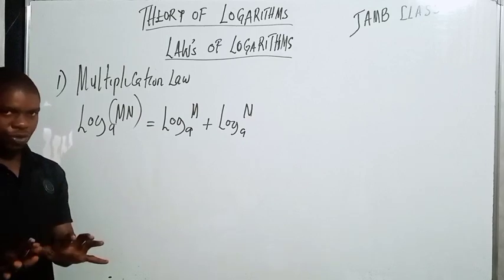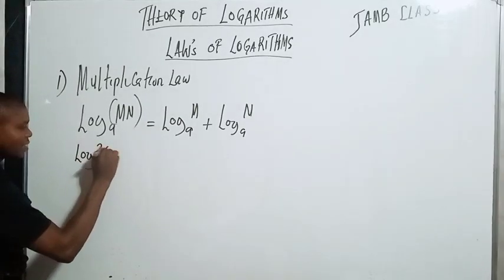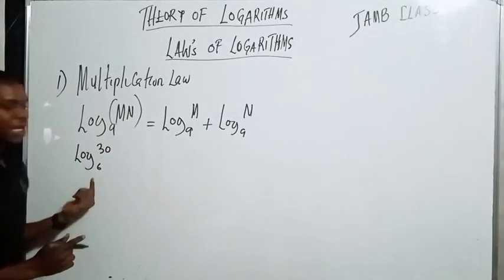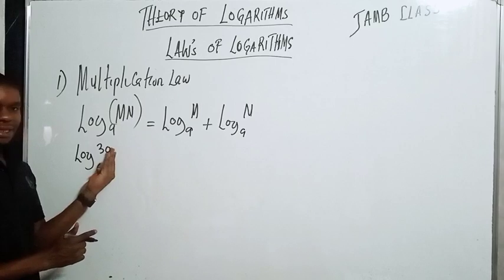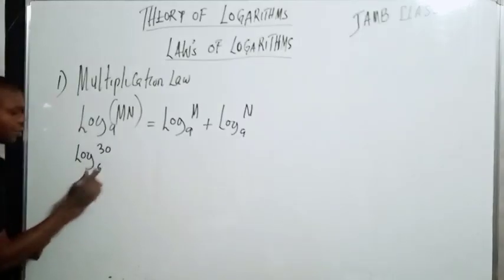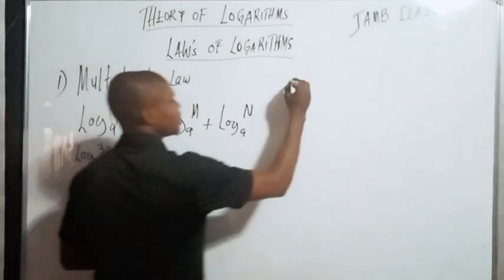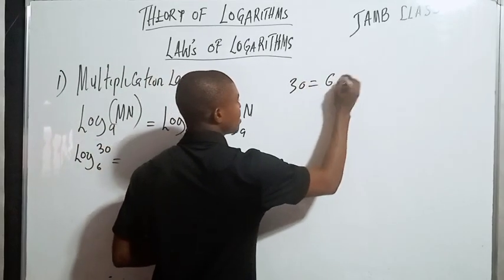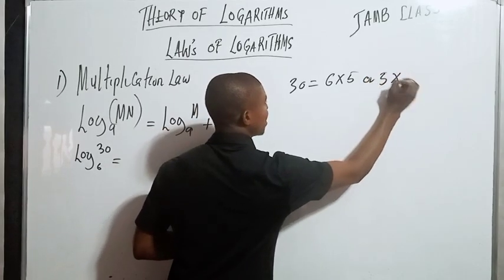Do you understand? For example, here we have log base 6 of 30. Now, how do you simplify it here? Remember, 30 is 6 times 5 or 5 times 6.